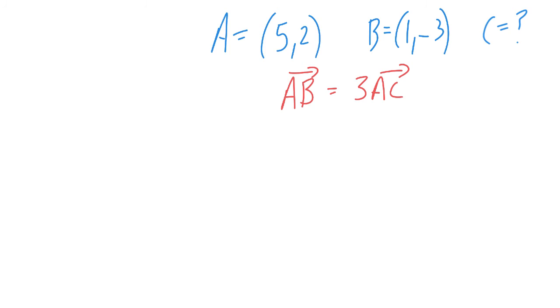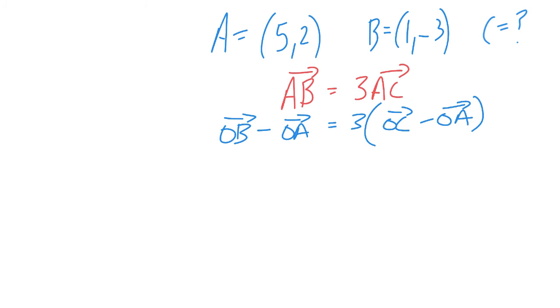So A to B is O to B minus O to A, which is 3 times O to C minus O to A. So last take away first. And then if I expand that bracket, times both of them by 3, to get 3 OC, take away 3 OA.